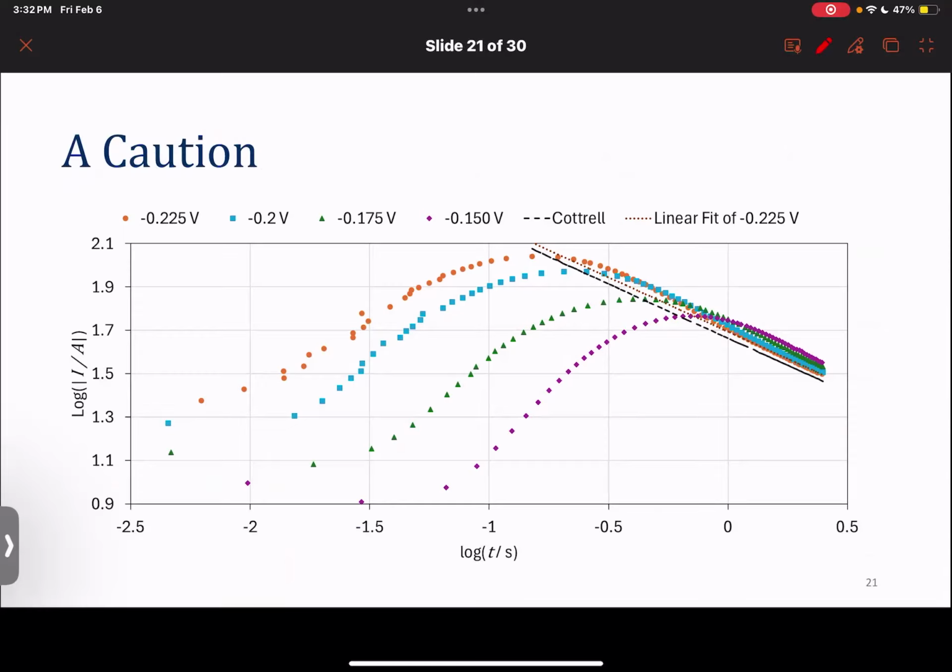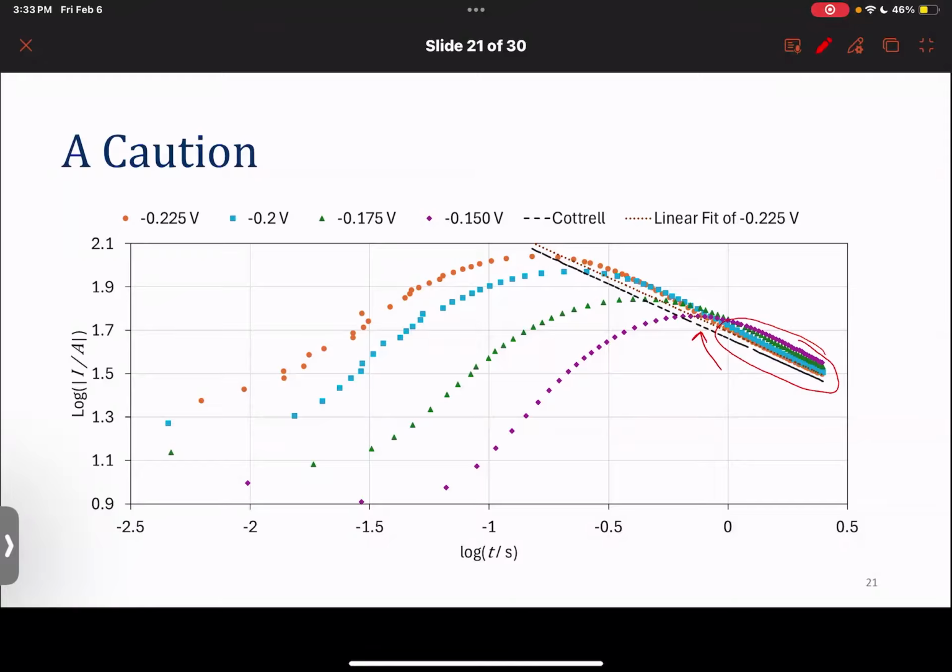But a caution here, when I take this data for the copper deposition onto platinum from the previous video, and I do the log plot, I can see how at these longer times, I start to get a slope of negative 0.5, because here you can see the Cottrell equation being plotted right there.